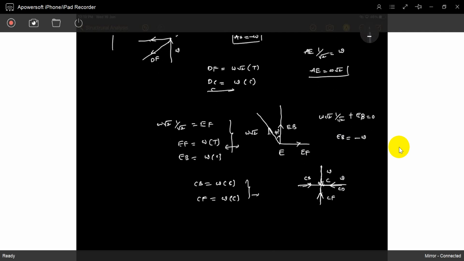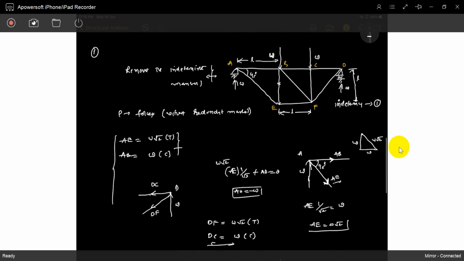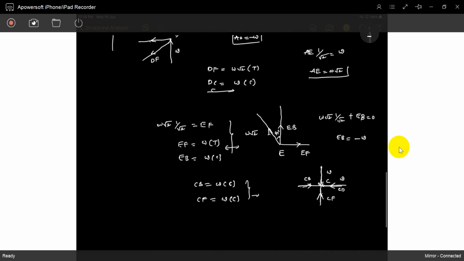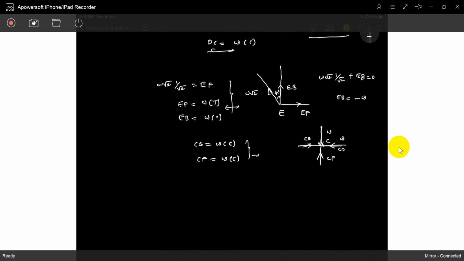Understood? If you know this value and this, you can easily calculate this and this. Already we calculated this. So everything is over. Go to F and calculate it. Everything is simple.